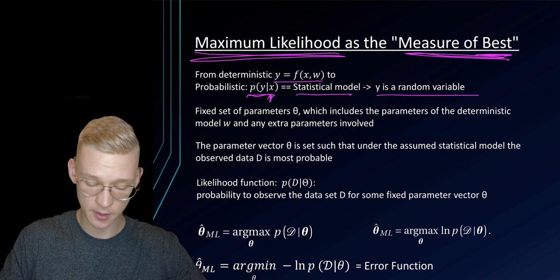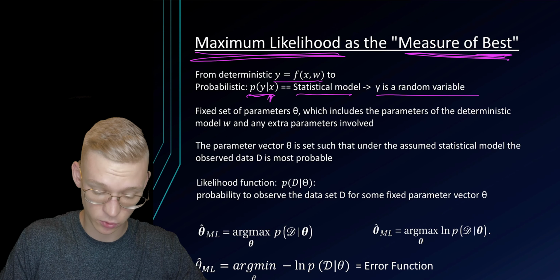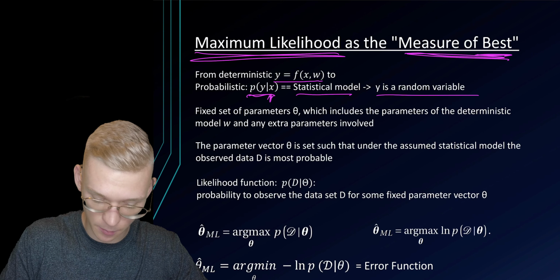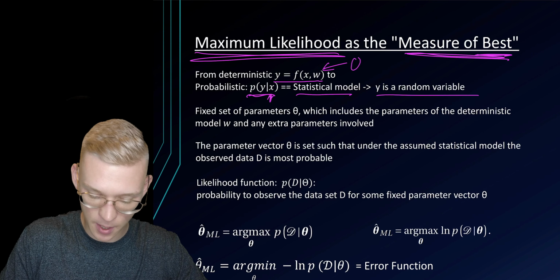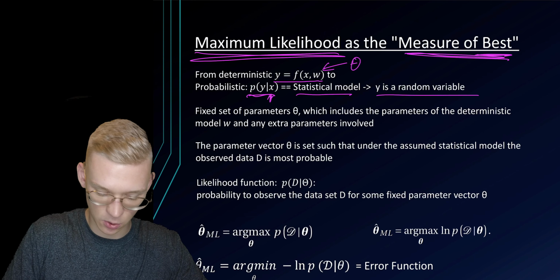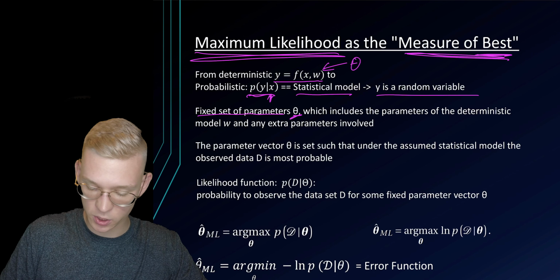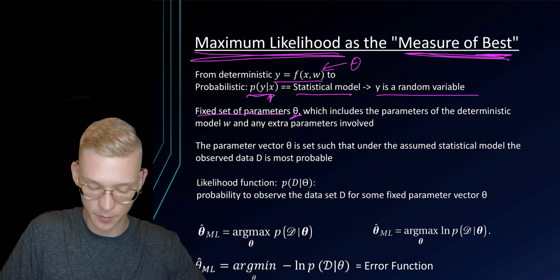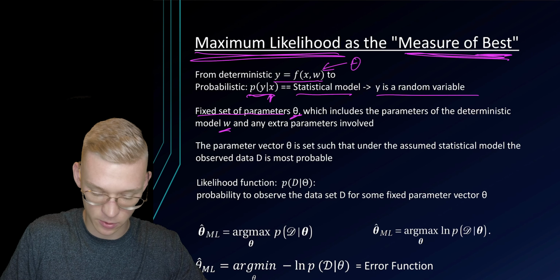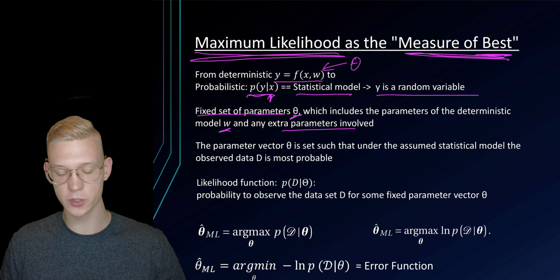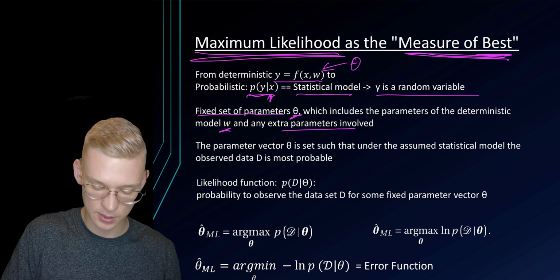To get this statistical model, we have to add a parameter theta. So a fixed set of parameters, theta, which includes all the parameters of the deterministic model, these are omegas, and any other parameters to get to a distribution function.